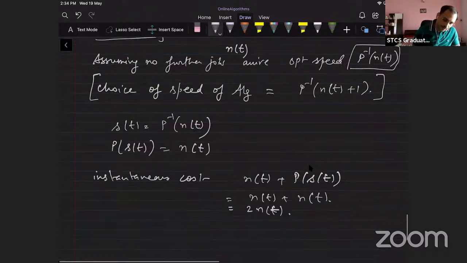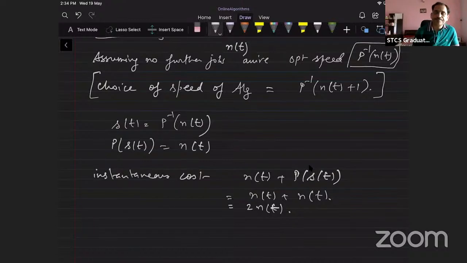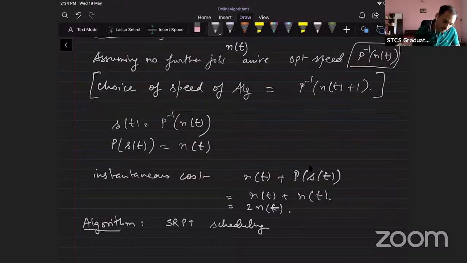All right. Any questions at this point? So now we know the algorithm we are going to analyze is SRPT for scheduling and S of T to be P inverse of N of T plus 1. That's it. This completely defines my algorithm.